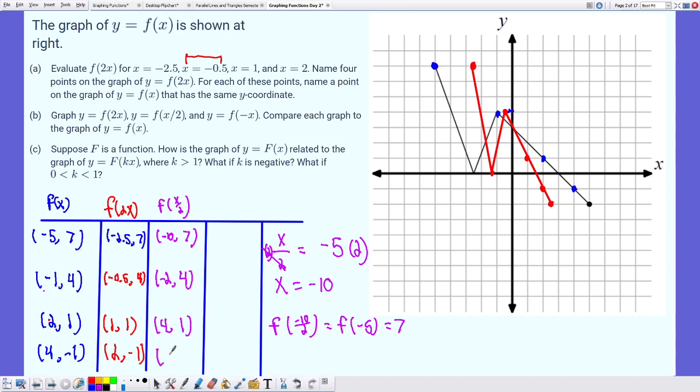Yes, we are indeed doubling the x values. So let's plot all those points and see what our graph looks like. We have negative 10, so 1, 2, 3, 4, 5, 6, 7, 8, 9, 10. That would be where negative 10 is, and then up 7. So right there.